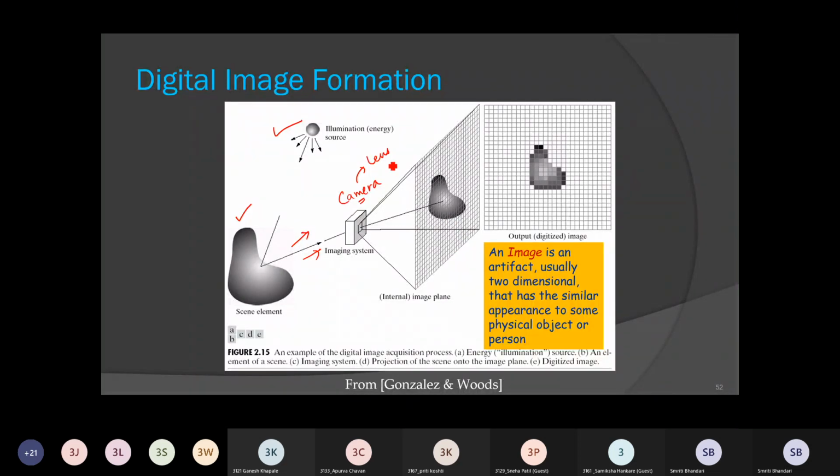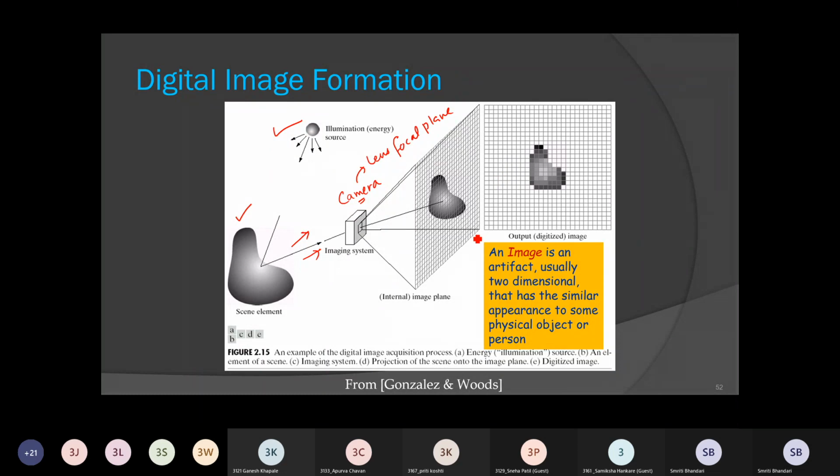So this lens has the focal plane, which is nothing but the image plane. So we have the lens in the imaging system, and this lens projects the viewed scene onto the focal plane of the lens, and this is nothing but our image plane.